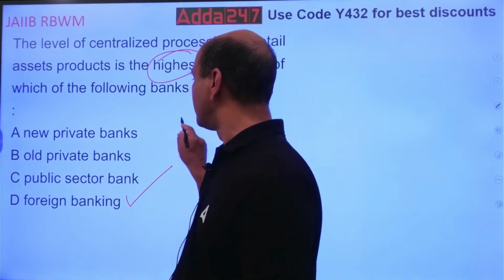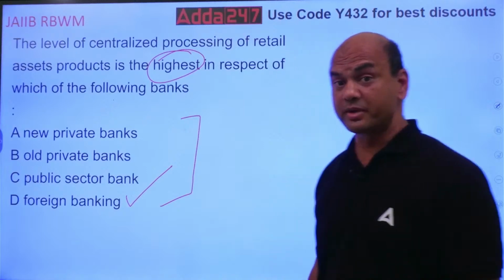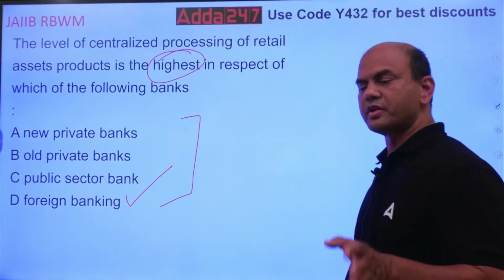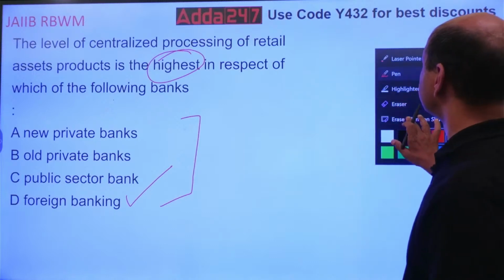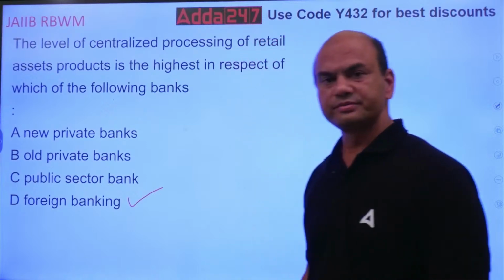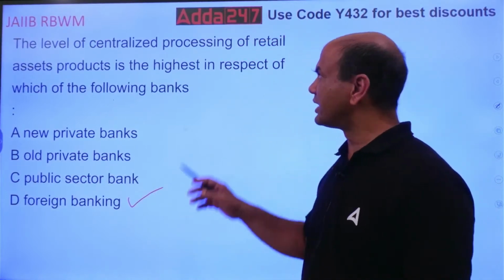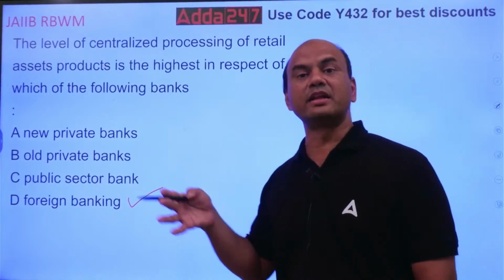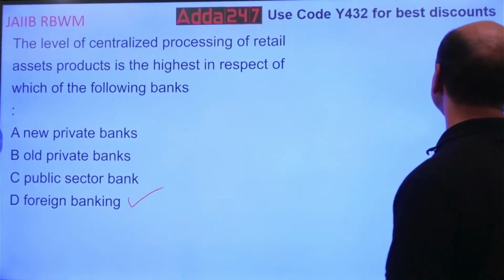Practically, all of them. As per your book, you have to write as per your book. So as per your book, it is foreign bank. Got it? Practically every bank does the same now. Nobody does any standalone processing. Okay? Every bank does this CPU model.